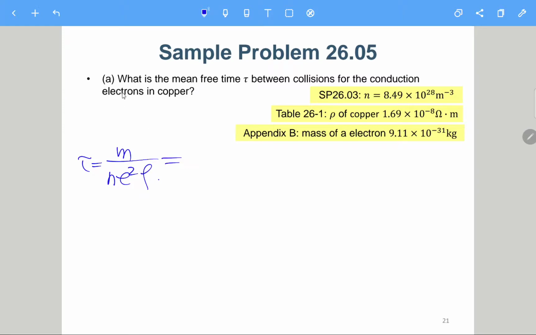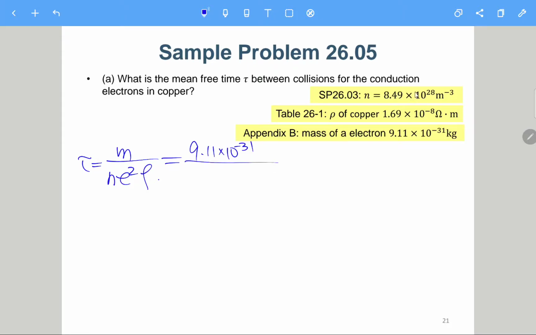So in this case, for the electron, the mass is 9.11 times 10 to the minus 31, which is the mass of an electron.